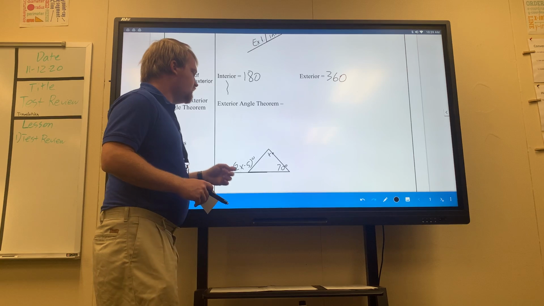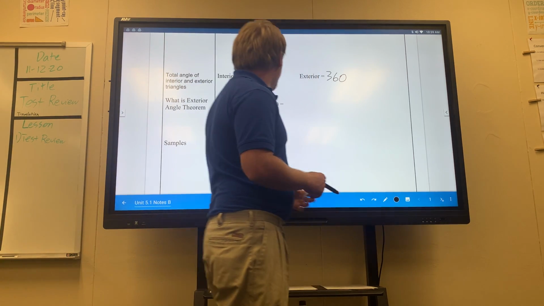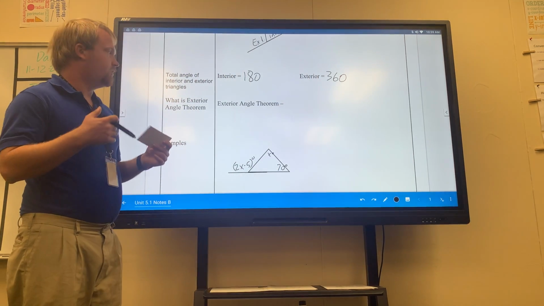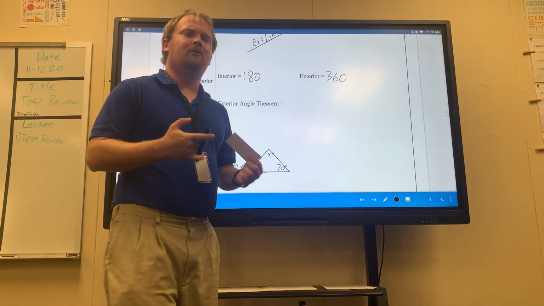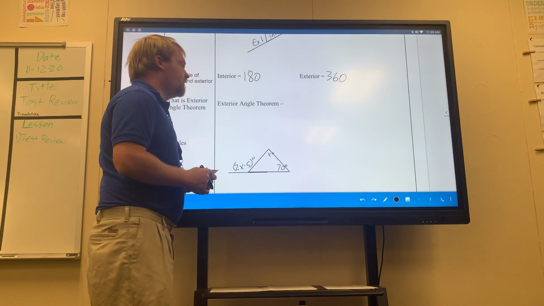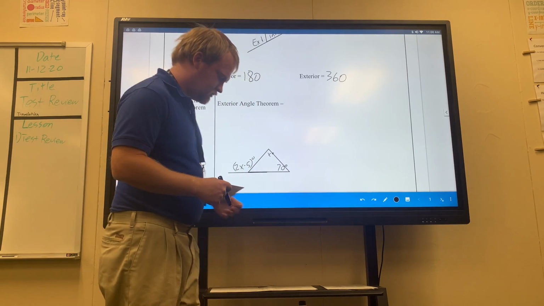Now, however, there is a theorem that describes exterior angles, okay? And there's something unique about it that always seems to work out. It's called the exterior angle theorem.